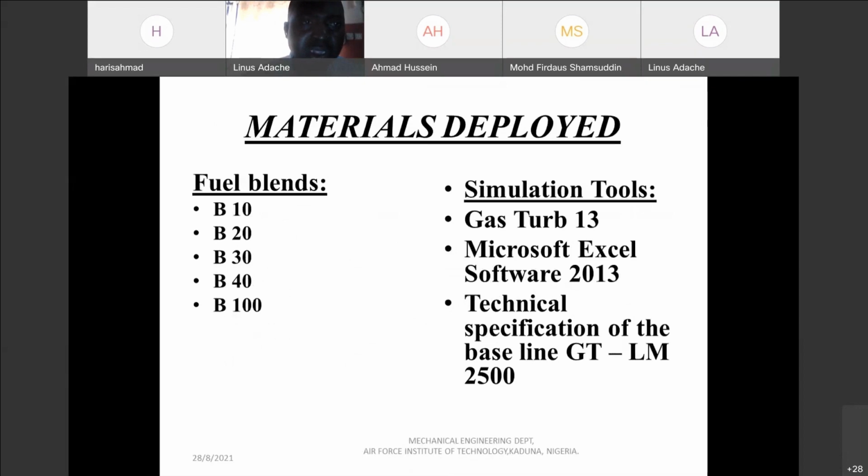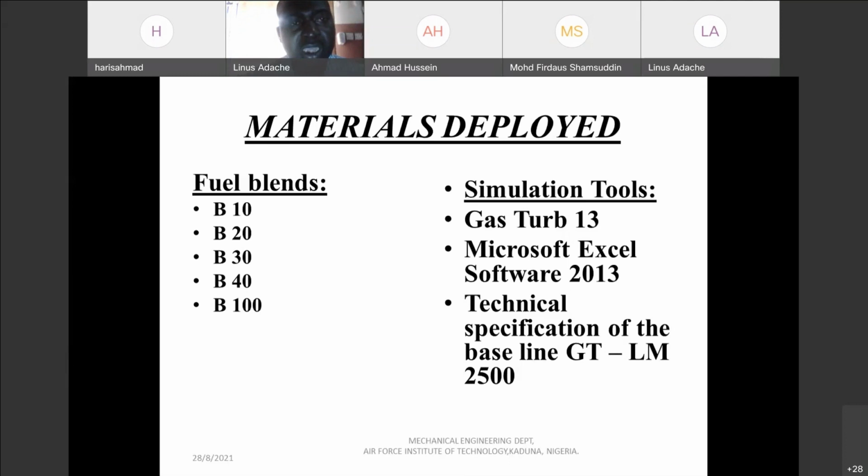Fuel blend B10. That means the biodiesel is 10%, conventional diesel is 90%. B20, biodiesel 20%, conventional diesel 80%.